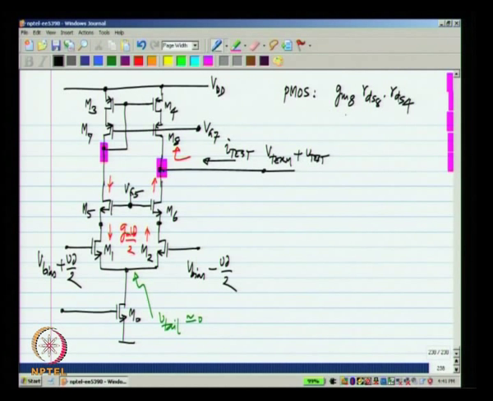If I had to denote the output conductance, it would be GDS4 GDS8 divided by Gm8. Now, what happens on the NMOS side? On the NMOS side it is a similar story to before.